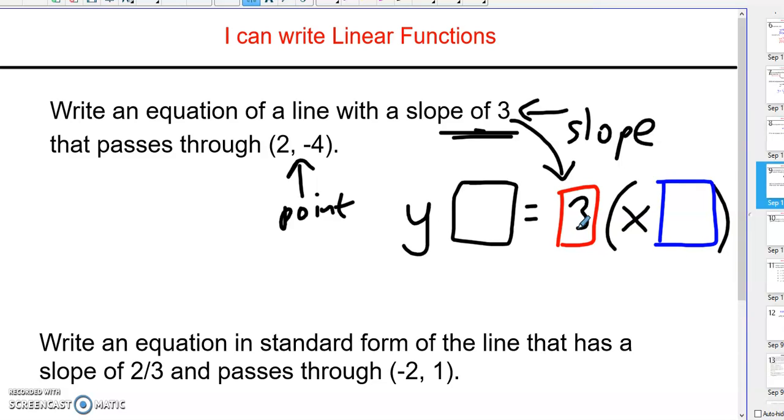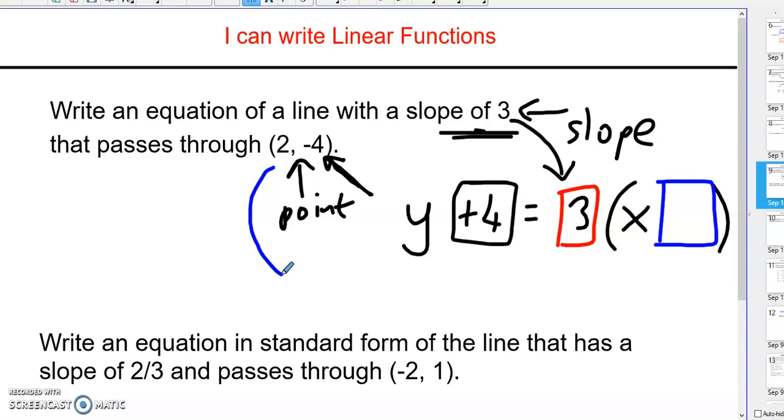And so next to the y, we take the y coordinate of the point here, and we take the opposite of that. So the opposite of -4 is +4. So we write that over there. Then we look at the x coordinate, and the x coordinate is +2 there.